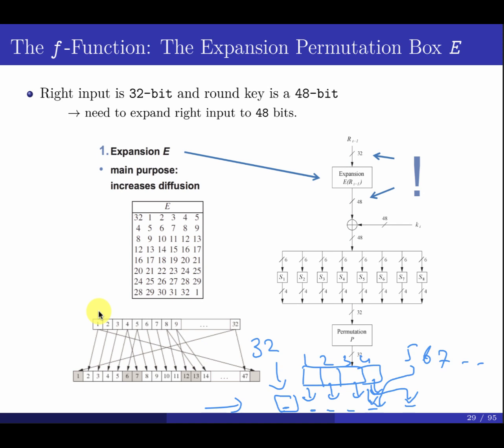Or you just follow this: the output is 48 bits. The first is bit 32 of the input, then the first, second, third, fourth, fifth, then repeat the 4th bit twice. Continue based on this formula.